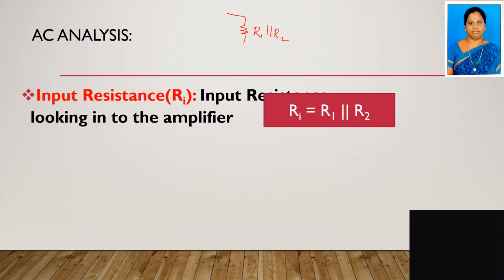This side we have the RSI, and here we have the input voltage, right? So this is connected to ground. When you are looking from here, what is the resistance? Ri. I am having the resistance R1 parallel to R2, which is also called Rg because it is the gate resistance, right? Because the input is given at the gate, no? So instead of Ri, we can say Rg also.